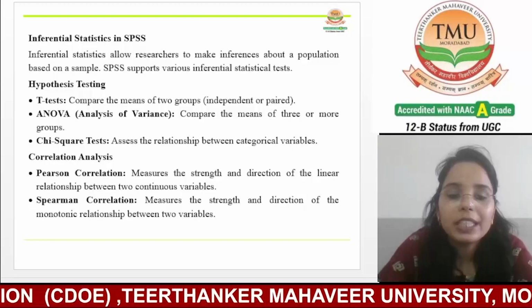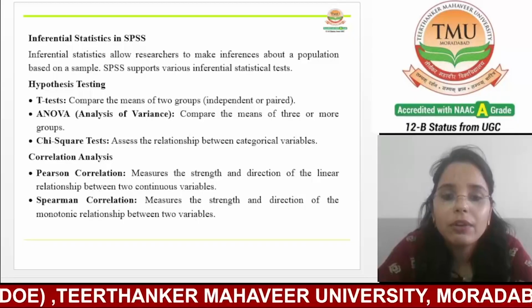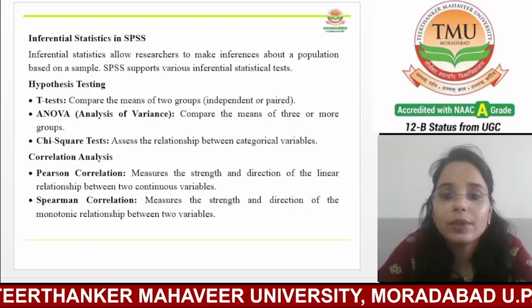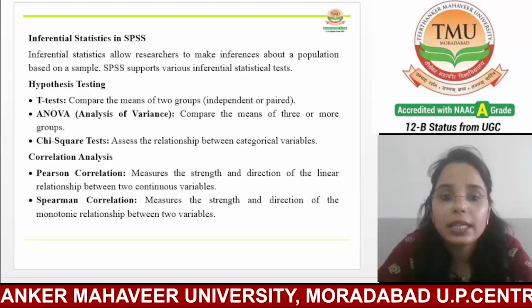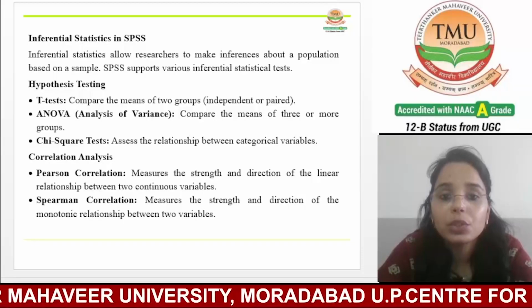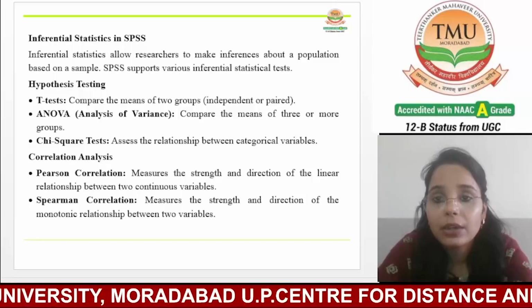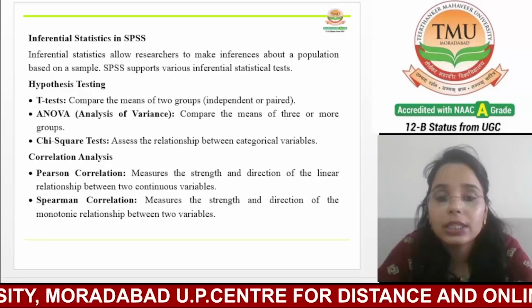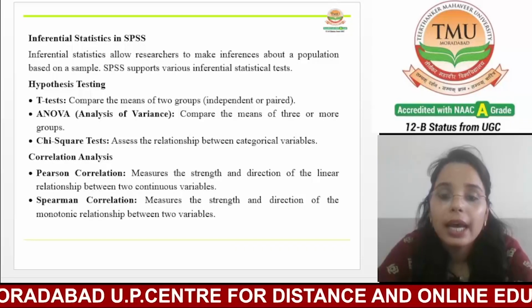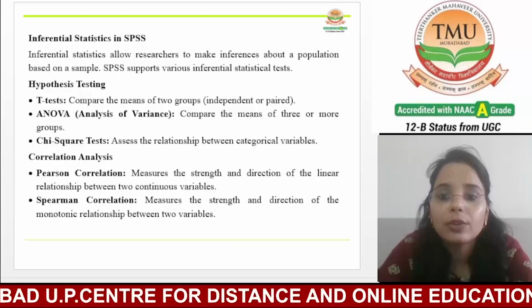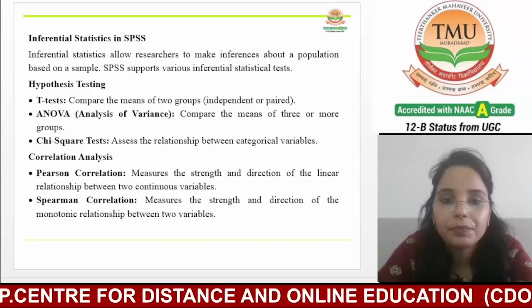So SPSS offers a robust set of tools for conducting inferential statistical analysis. While using these tools, researchers can test hypotheses, compare group means, assess the relationship between variables, and draw meaningful conclusions from their data.